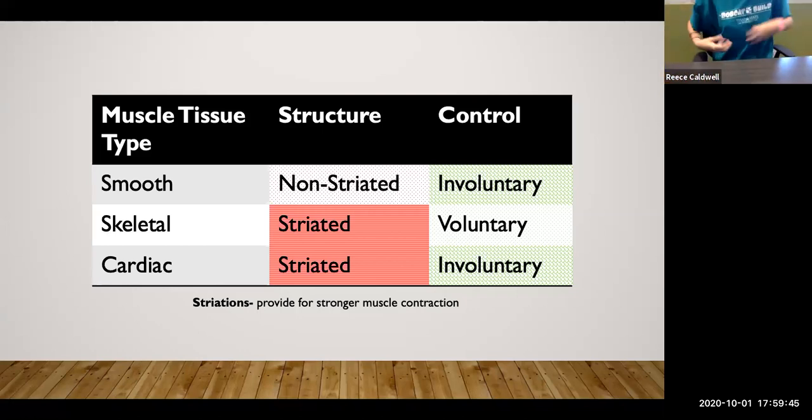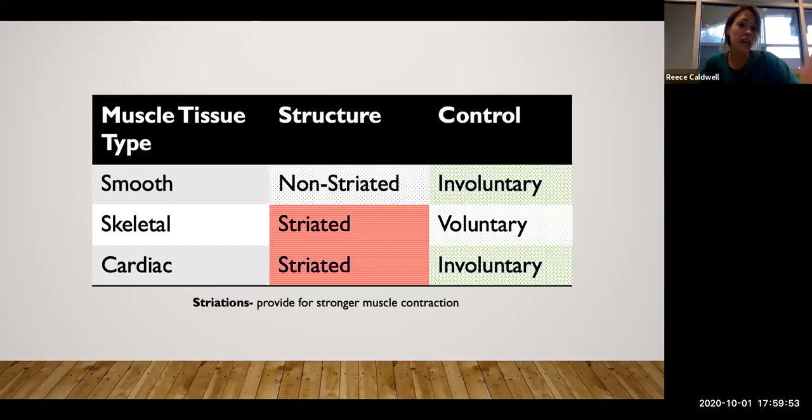Once it gets to the stomach, it has to go through the small intestines, which wind around each other. So yes, there are muscles that will get that through us, but we want it to be slow and smooth. So smooth muscle is non-striated; we do not want strong muscle contractions.